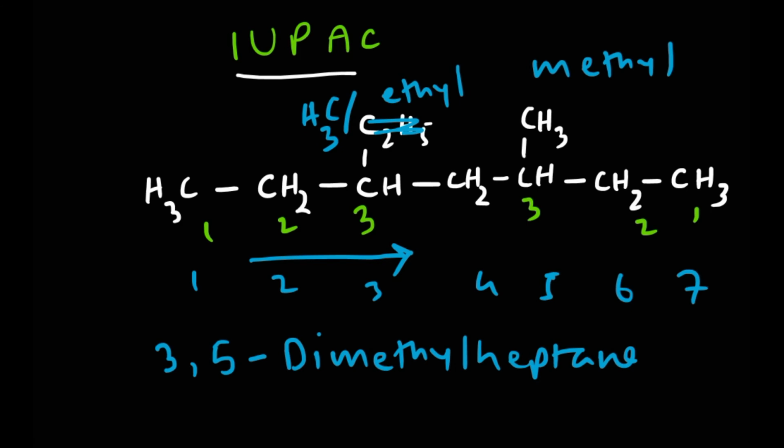And the fifth rule is that in case of ethyl and methyl, if two different alkyl groups are at the same position, then we should start our numbering from the direction where the alphabetically first letter comes. Here E comes first alphabetically, so numbering should start from that direction.